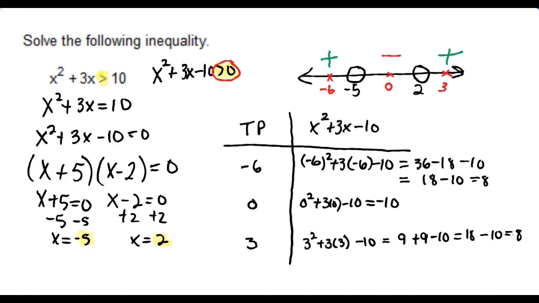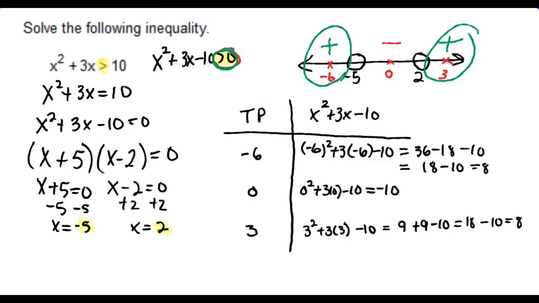So with our inequality, we want our expression to be greater than 0, and that would be our positive intervals here. So the intervals that make this inequality true are the leftmost interval from negative infinity to negative 5.